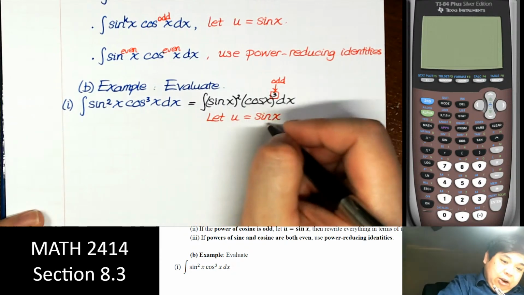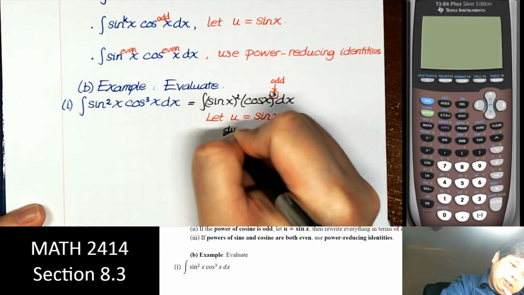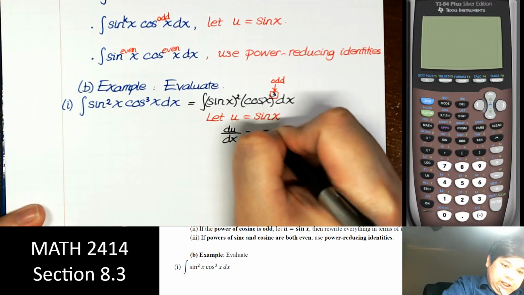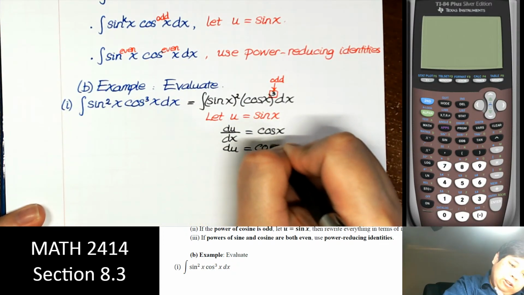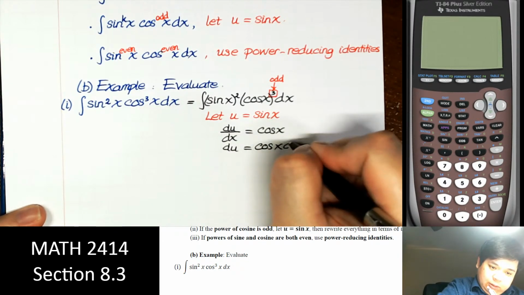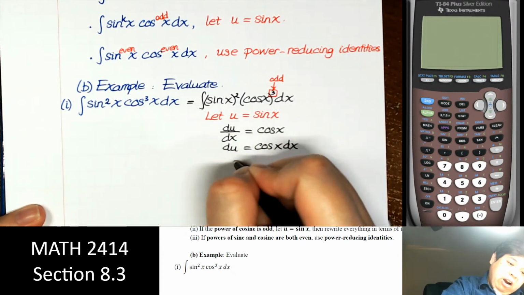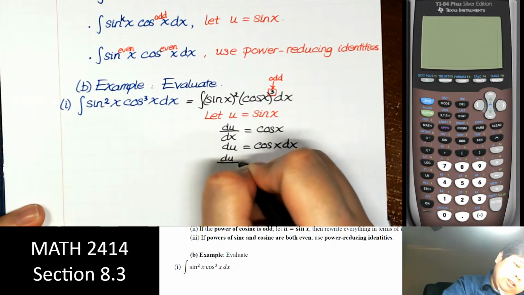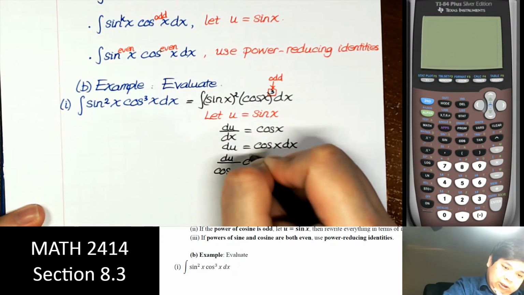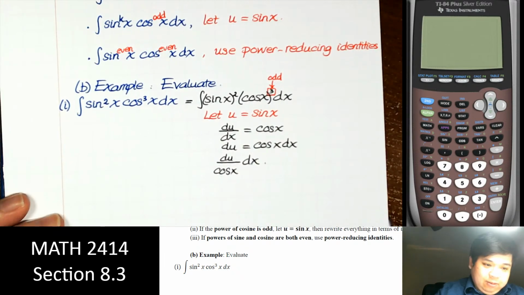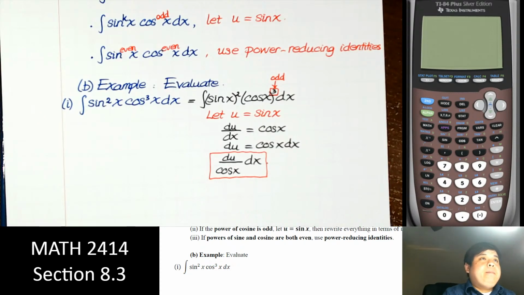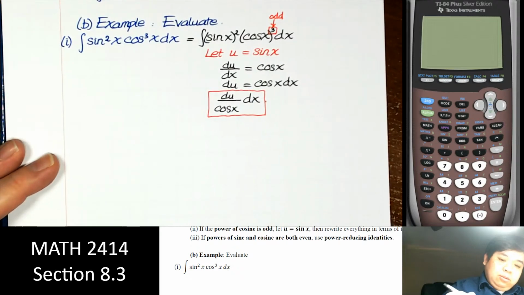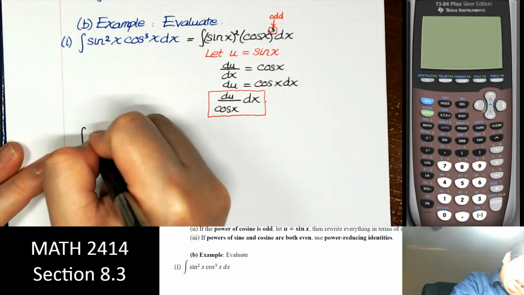Now if u equals sine x, take the derivative: du equals cosine of x times dx, and divide by cosine of x. So I have the substitution. Let me rewrite this again from here.